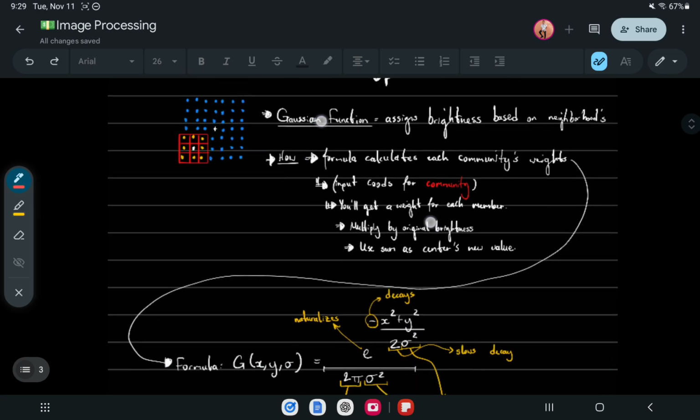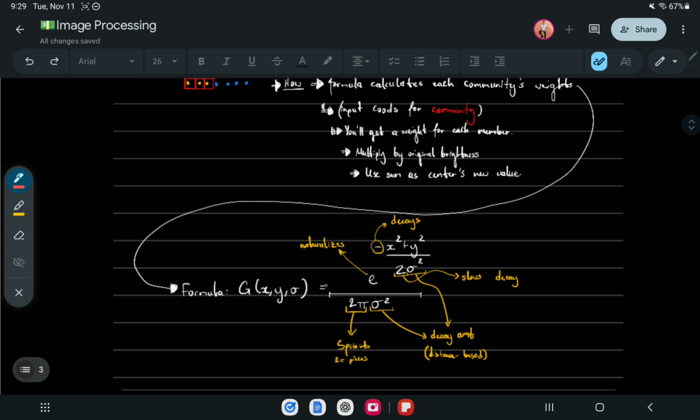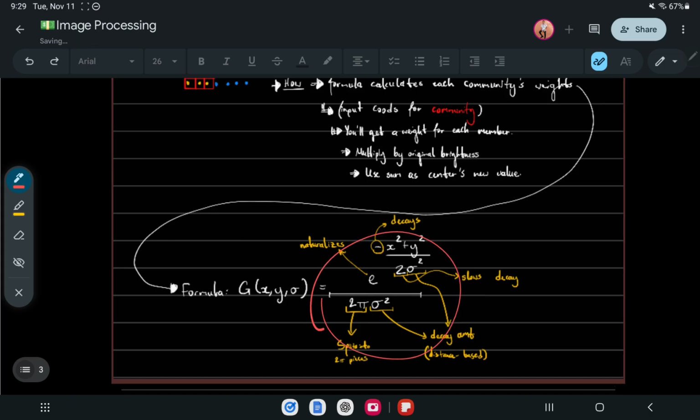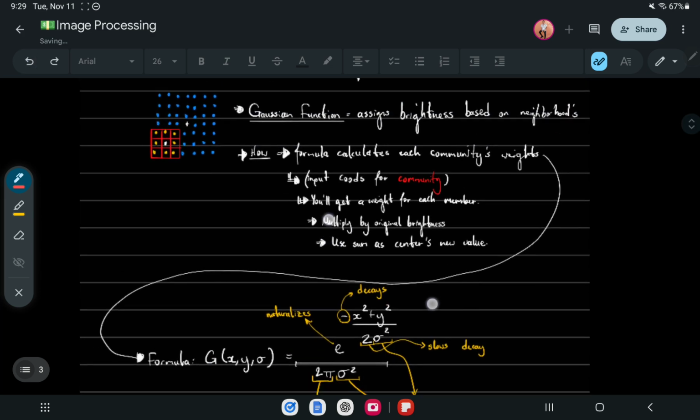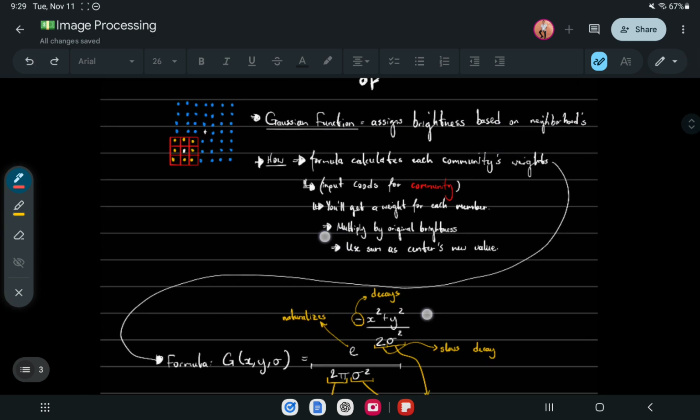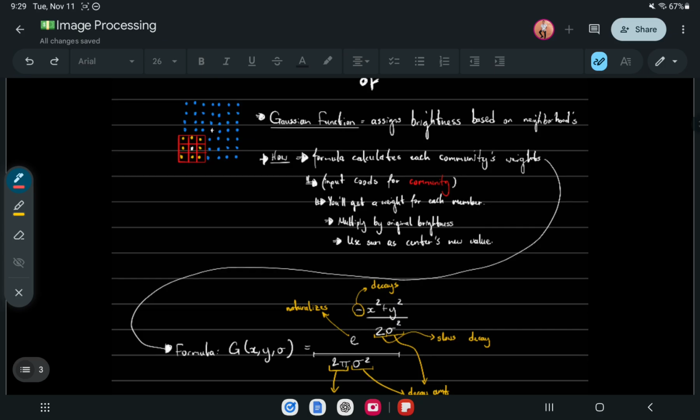So we have a formula. This is the formula here, and basically, you're going to put in the coordinates.